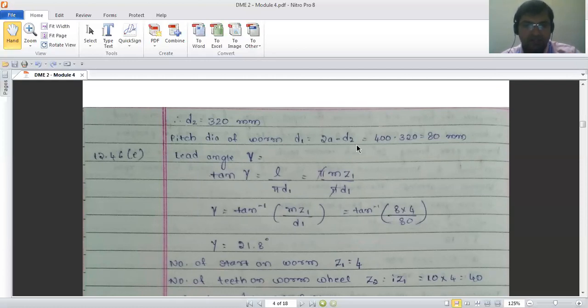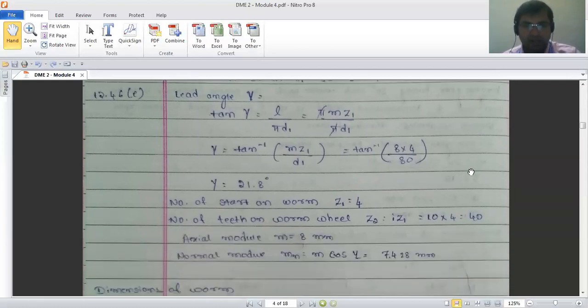So we can get the lead angle as 21.8 degree. The number of starts on the worm is z1 equal to 4. The number of teeth on the worm wheel will be 4 into 10, 40. The axial module m will be 8 millimeter. The normal module mn is equal to m cos gamma, which is 7.24 millimeter.